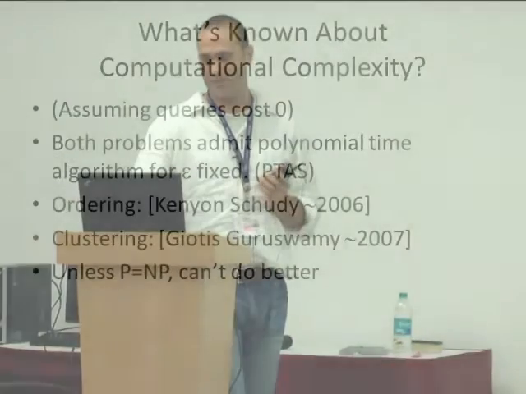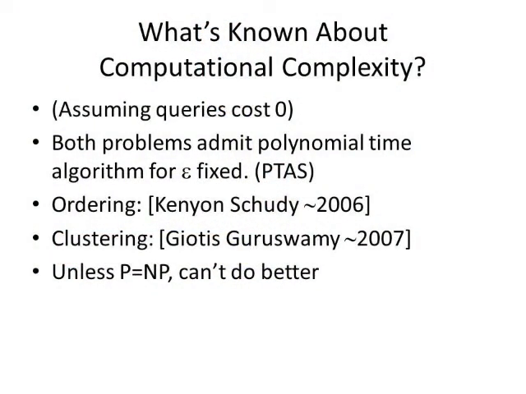Then I realized that there's the whole world of query complexity, which is in fact basically machine learning, and I started studying these problems from that point of view. This is what I will concentrate on today. But let me just quickly show you what is known from a computational complexity point of view.